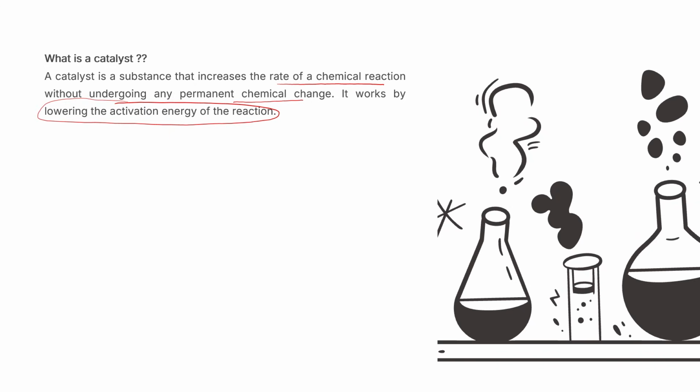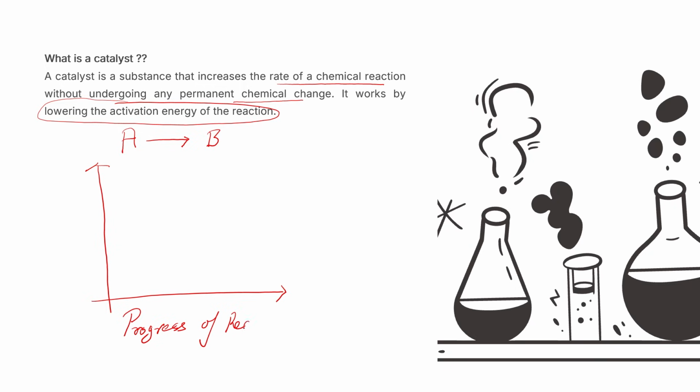What does this mean? It means that suppose you are performing a chemical reaction where you are interested in converting reactant A into product B. In that case, if you try to draw a graph of the progress of the reaction against relative energy, what you would observe is reactant A having a certain relative energy.